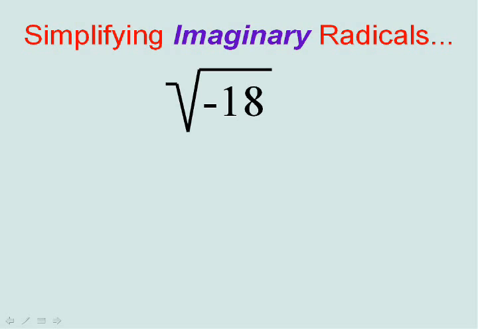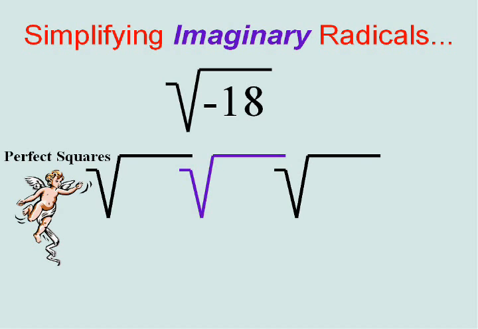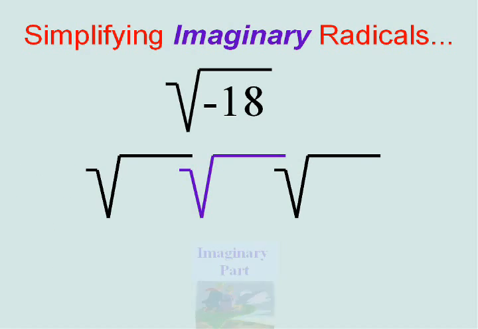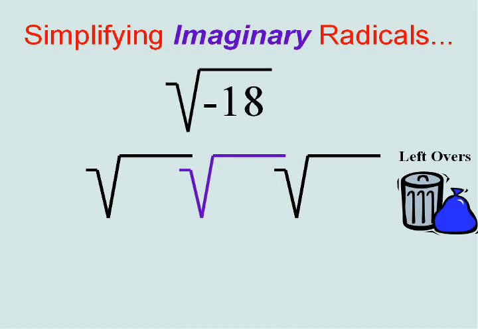Whoa! Someone smells stinky! What are we going to do here? We've got an imaginary number because we've got the square root of a negative number. Well, pretty much the same thing. We're going to use our perfect squares, but this time we're going to throw in somebody else. You see there's a new one in the middle. We've got the perfect squares, the imaginary part, and we still have the leftovers.